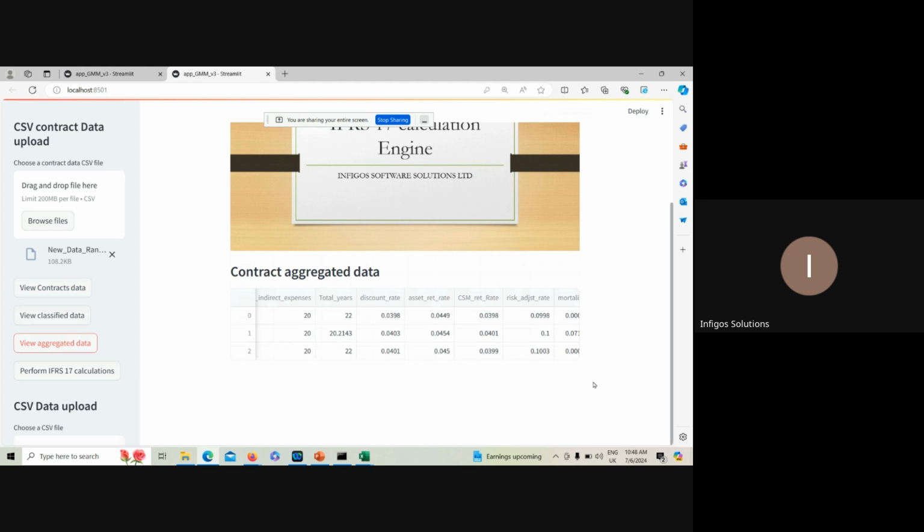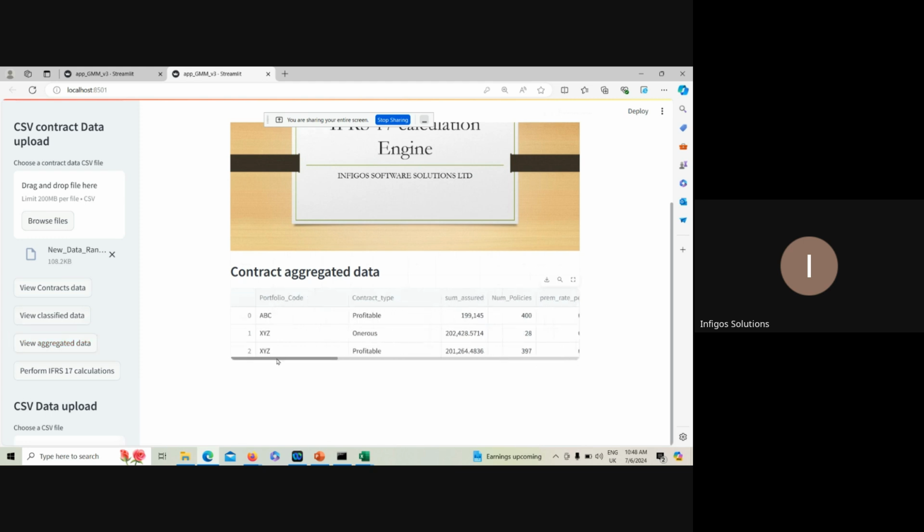So if I look at this data, I have 400 contracts of this portfolio, 28 for this portfolio, which are loss making, and 397 which are profitable for this portfolio. So I can aggregate 400 contracts in this one line by aggregating the contract data.